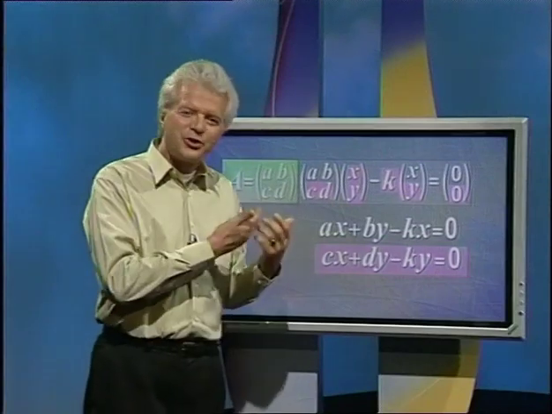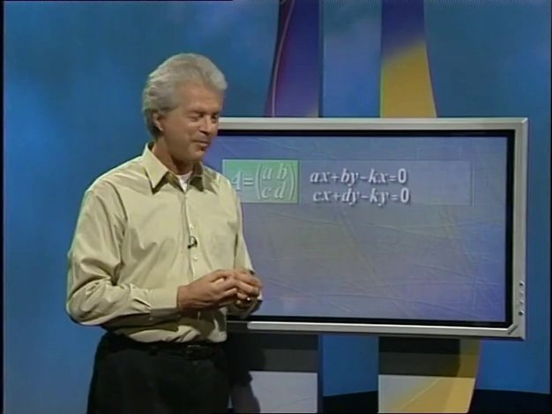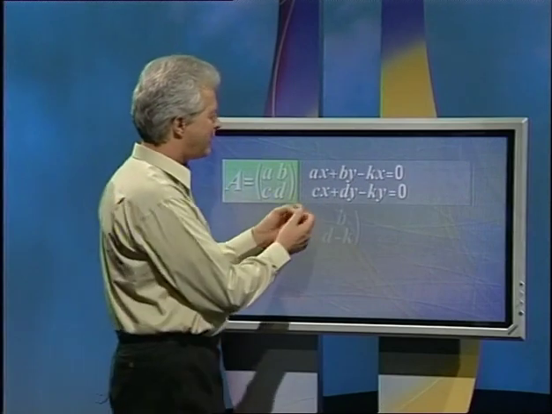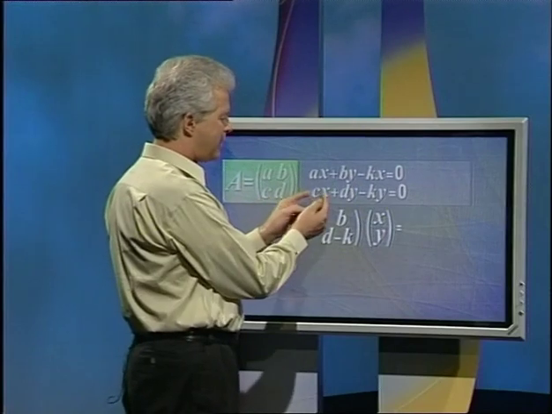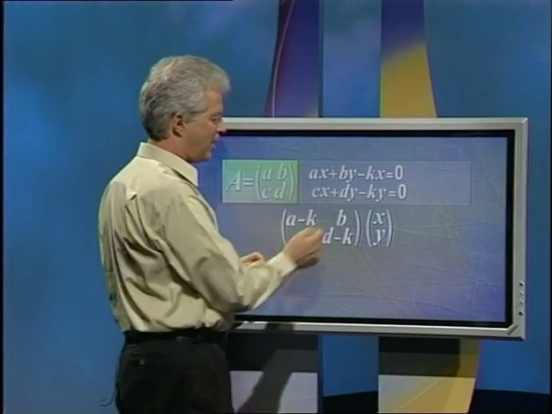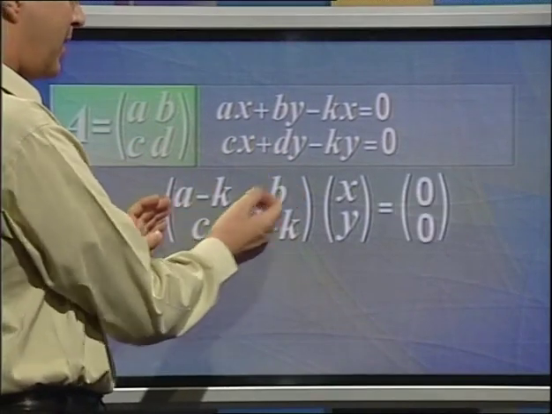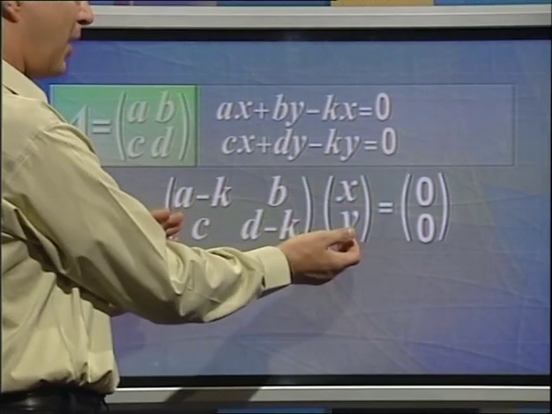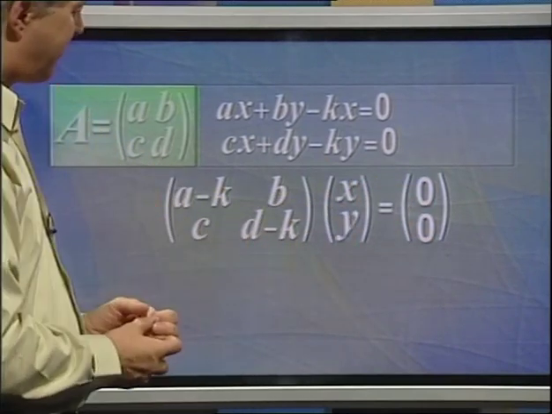Now, for reasons which you'll see in a second, I'm going to rewrite these two simultaneous equations as a matrix equation. We have here an (a minus k)x and a by. We have here a cx and a (d minus k)y. So we can write the matrix equation (a minus k, b; c, d minus k) times (x, y) equals (0, 0). And we have a matrix equation now.